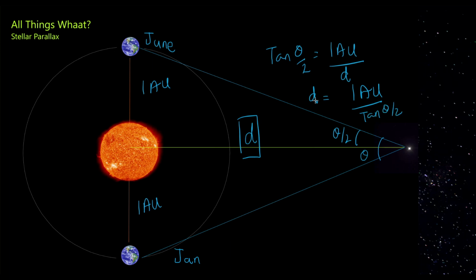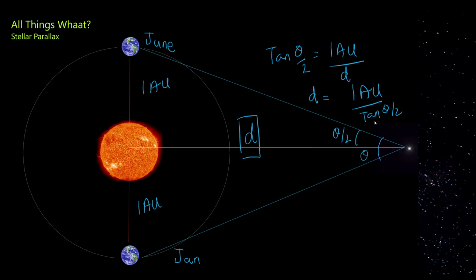So with this we can figure out the distance, provided we know the angle of the two observations that are made.